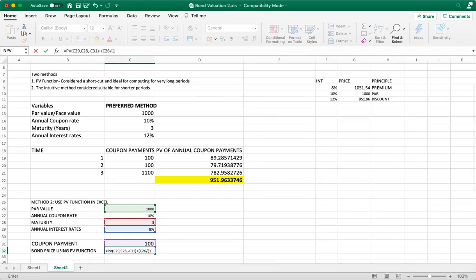But if you are coming up with a spreadsheet to value, you avoid typing in numbers so that you have these numbers on an Excel spreadsheet. You simply click on those numbers and link the cells. So 1 plus R, R is 8%, and we know it is to the power 1.